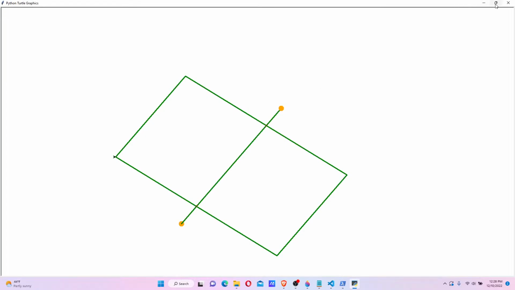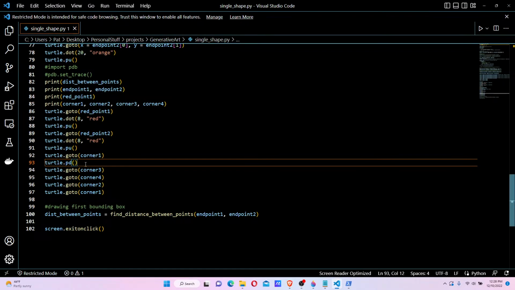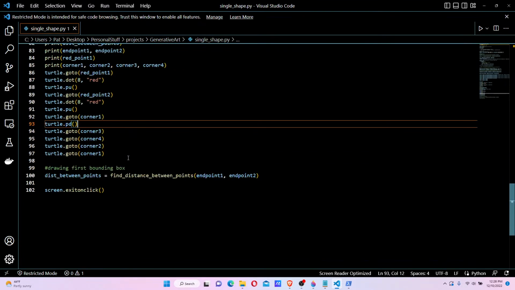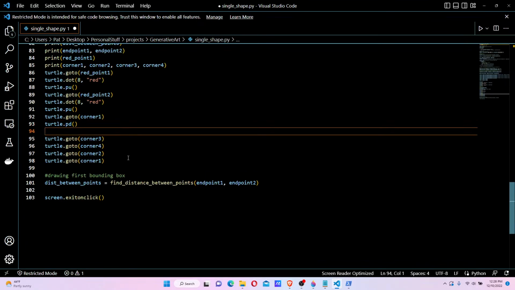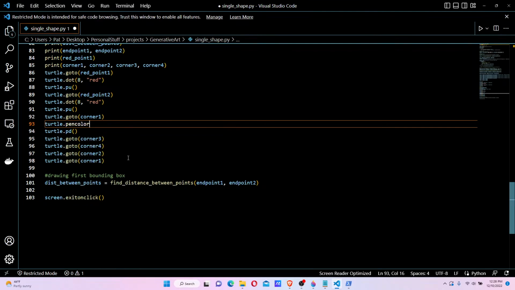Okay. So, I guess I'll change it to blue for the first bounding box. And turtle dot pen color blue. Go to corner 1 before we put down turtle dot pen color.